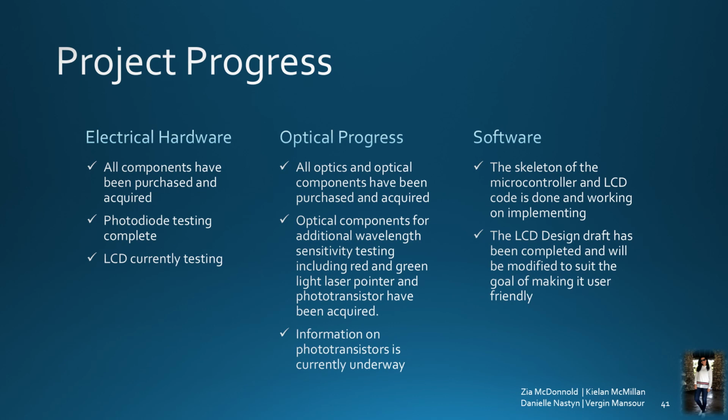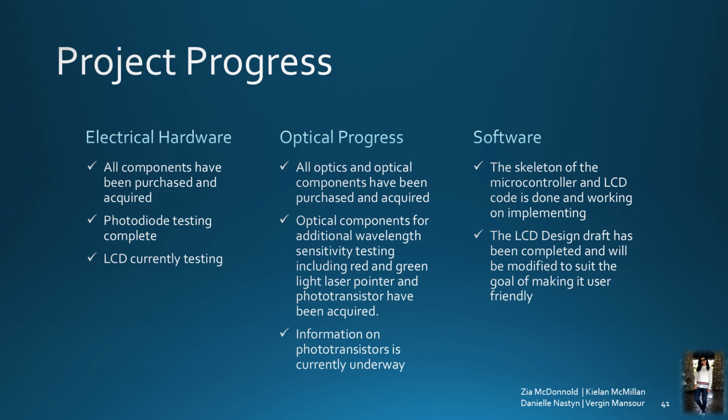As we are nearing the end of our presentation, we would like you to know our project progress and what has been done so far. For the electrical hardware, all the components have been purchased and acquired. Photodiode testing is complete, and the LCD is currently being tested. Optical progress: all the optics and optical components have been purchased and acquired.